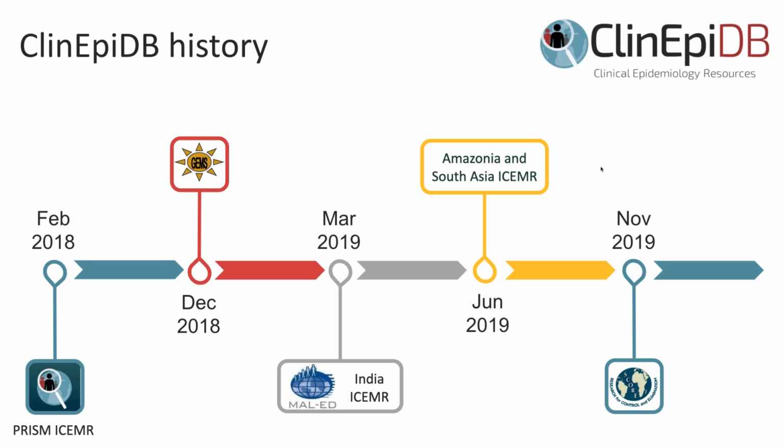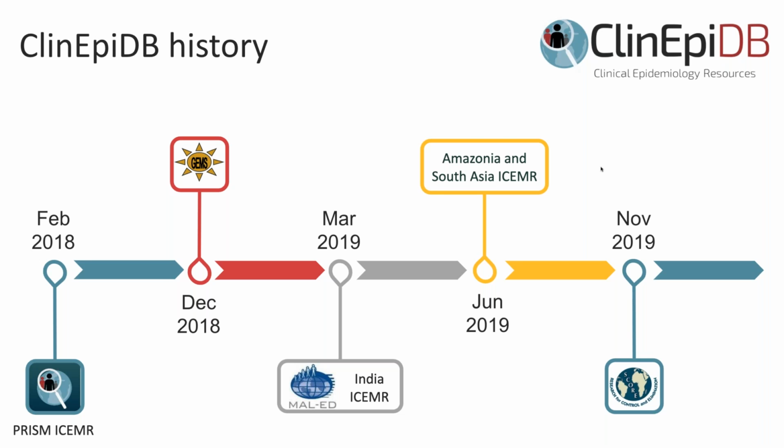In December of 2018, we released the GEMS enteric disease project. In March of 2019, we released both the MALI-D enteric disease study and another one of the malaria isomer projects in India. In June 2019, we released Amazonia and South Asia isomers, and we've been continuing to integrate and release a number of projects since that time.